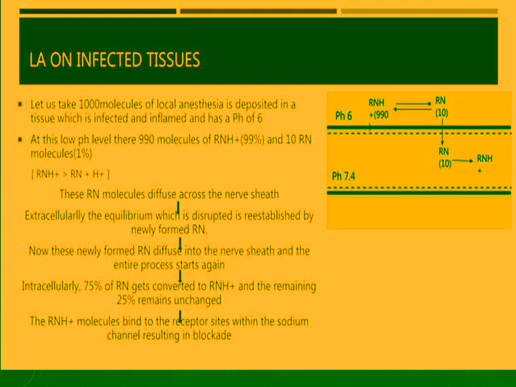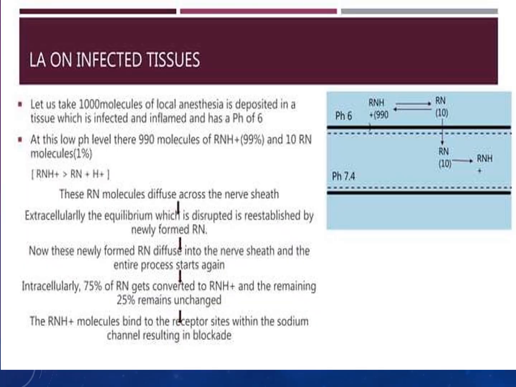These RNH+ molecules bind to the receptor sites within the sodium channel, resulting in blockade. Effectively, of the 1,000 molecules injected, only 7.5 molecules are available for attaching to the receptor sites within the sodium channels, causing blockade. This is the scenario in an infected tissue.